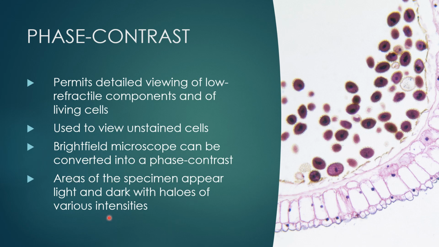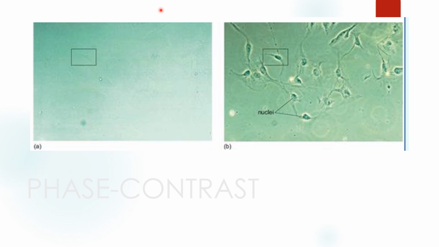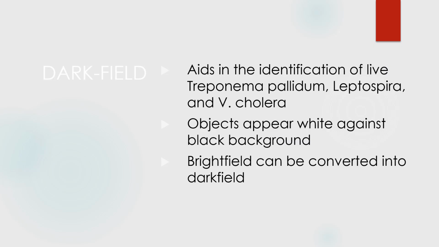In phase contrast, you have areas of the specimen that appear light and dark with halos of various intensities. Those are images obtained using a phase contrast microscope.